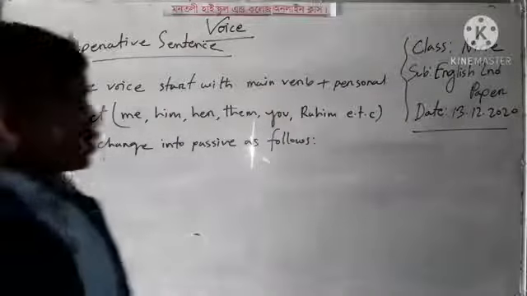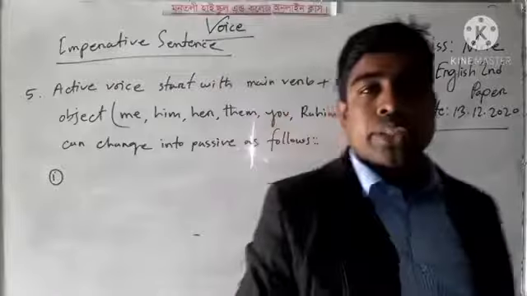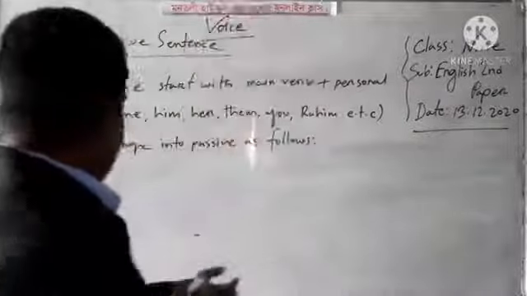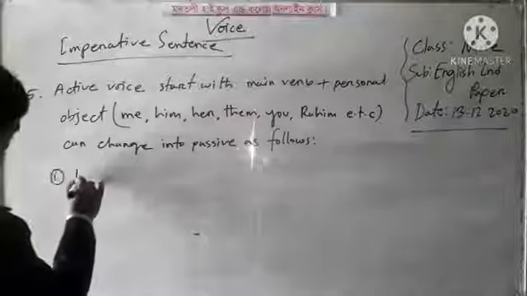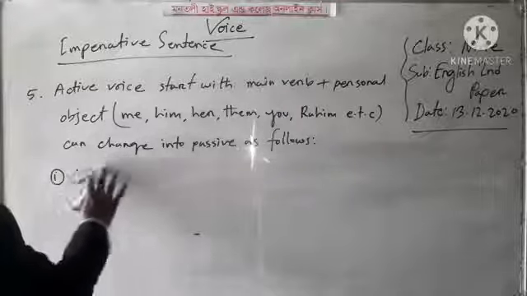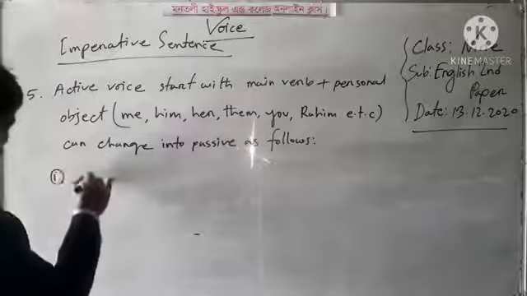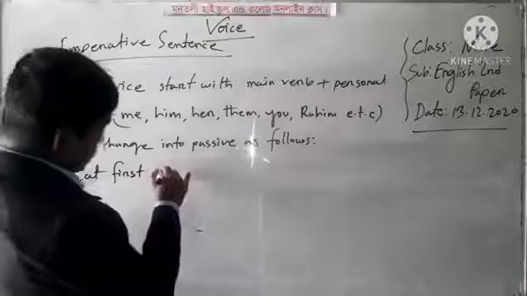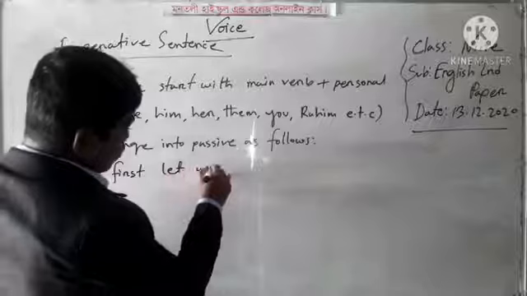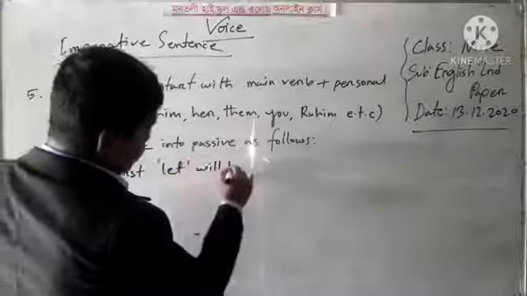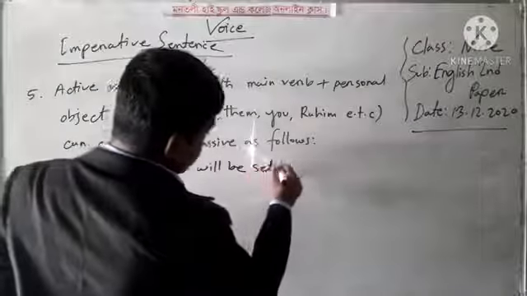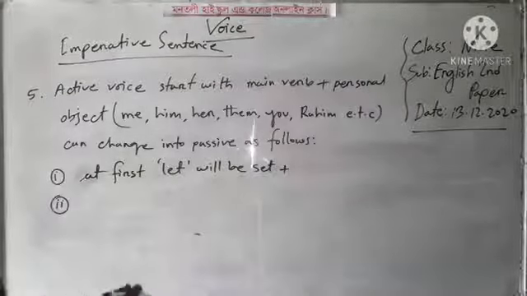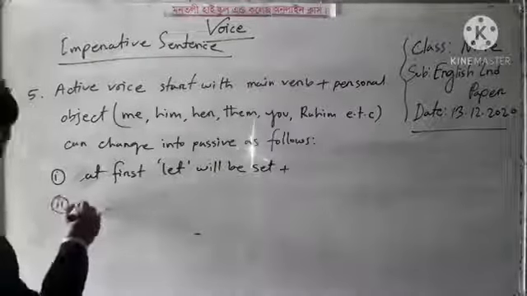Now I will write the rules of changing active voice into passive of imperative sentences. At first I have to write let. At first let will be set, then the direct object.